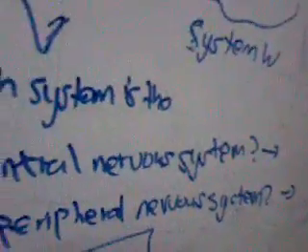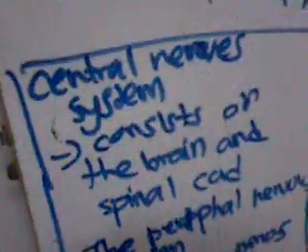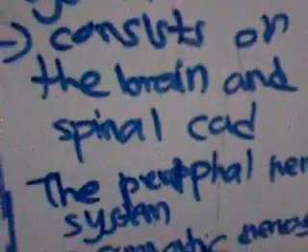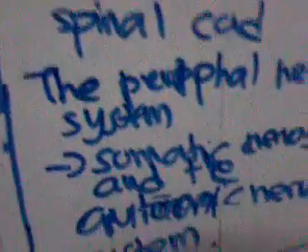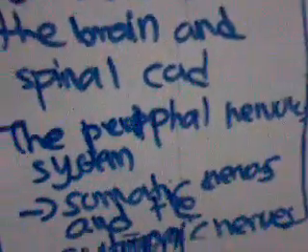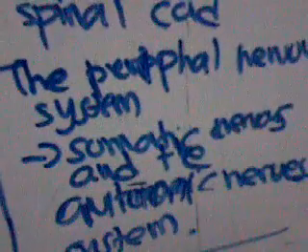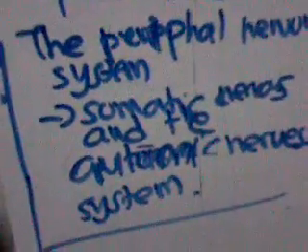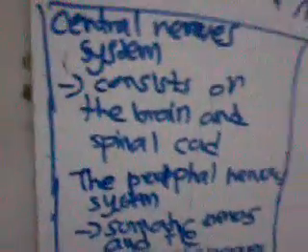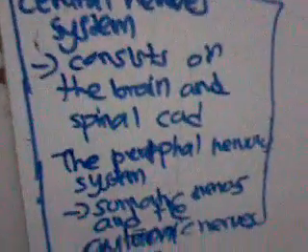Let's look at the small reference for you. The central nervous system consists of brain and spinal cord. Peripheral nervous system consists of somatic nervous system and autonomic nervous system. This is a small reference to help you answer the question.